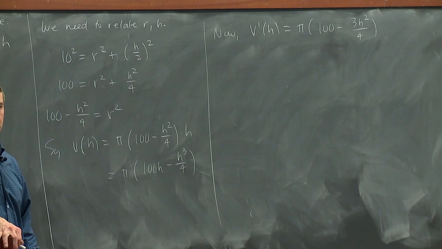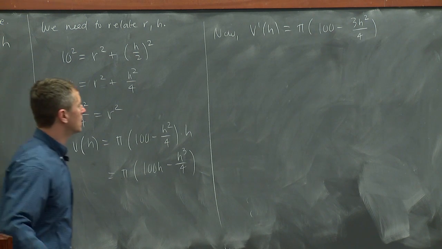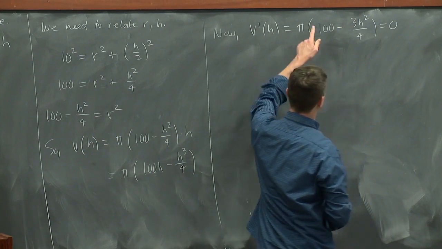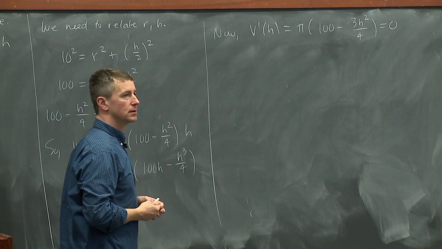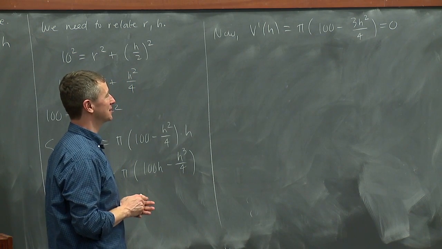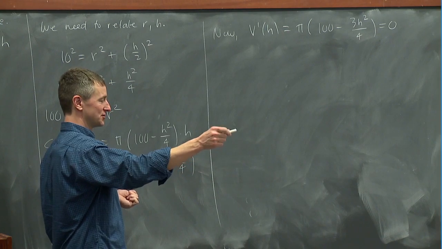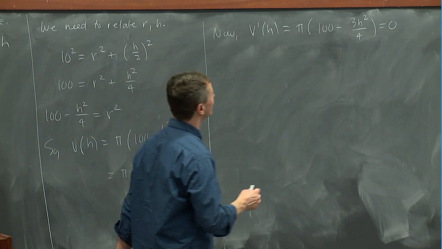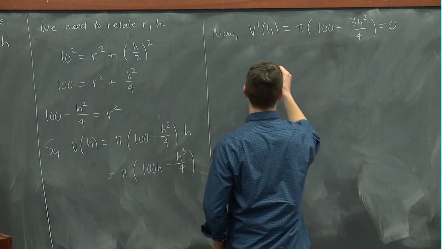Can that ever be undefined? That's just a parabola. Can't be undefined. So all we have to do is set this equal to 0. When will pi be 0? The world would be a very strange place if pi were 0. The ratio of the circumference to the diameter would be 0. So that must mean that the thing inside the parentheses must be 0.